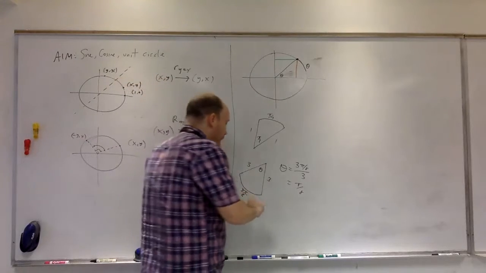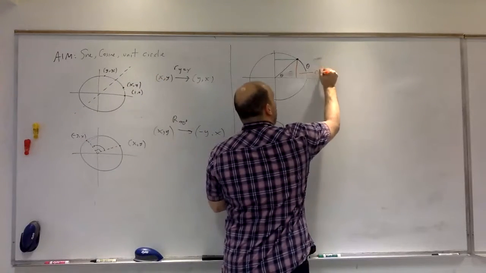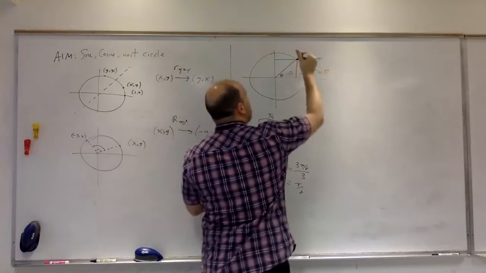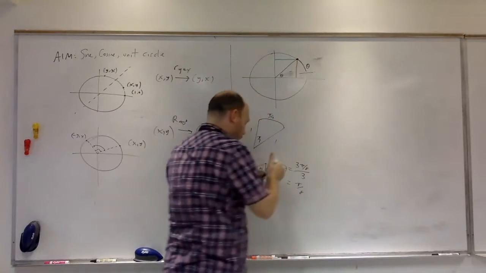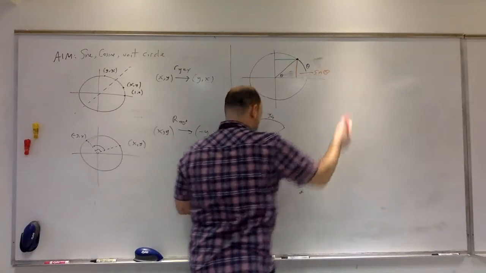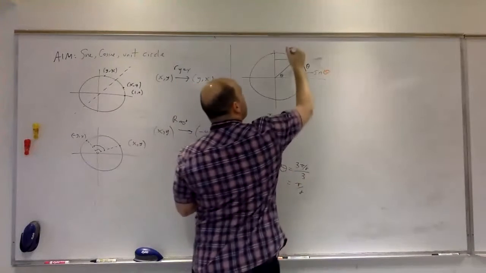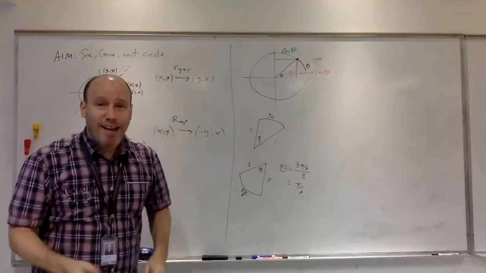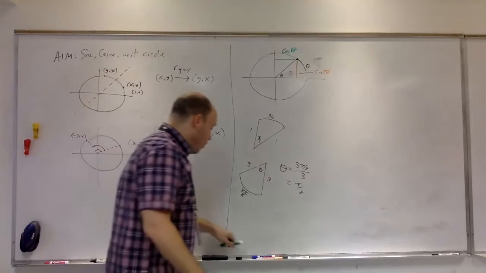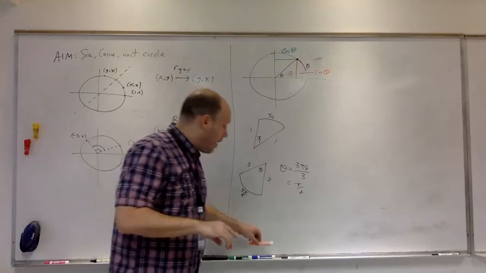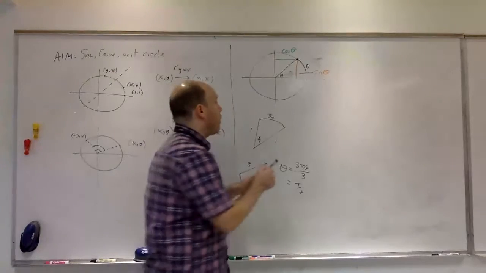It turns out that this is the sine of theta, and this is the cosine of theta. This is how we define sine and cosine in regards to the unit circle. Sine is the height of the point as it goes around the unit circle.